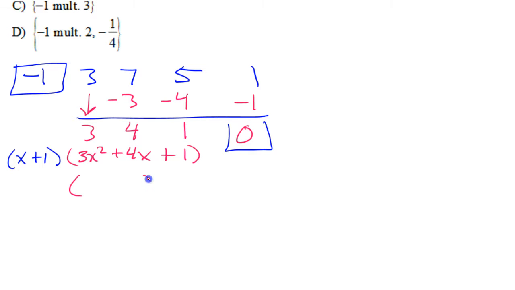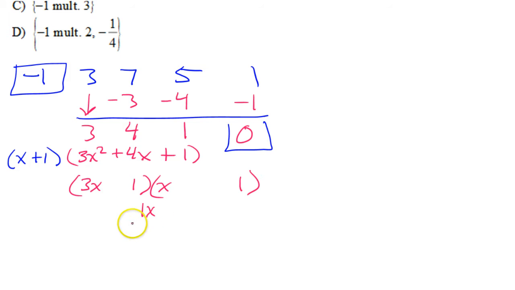This trinomial will surely factor as a binomial times a binomial. So 3x squared can only factor as 3x times x. Mercifully, 1 can only factor as 1 times 1, so this is going to be pretty easy. Inner plus outer must equal middle. Inner, I have 1x.